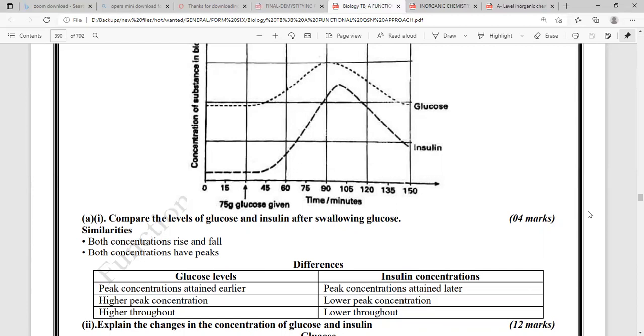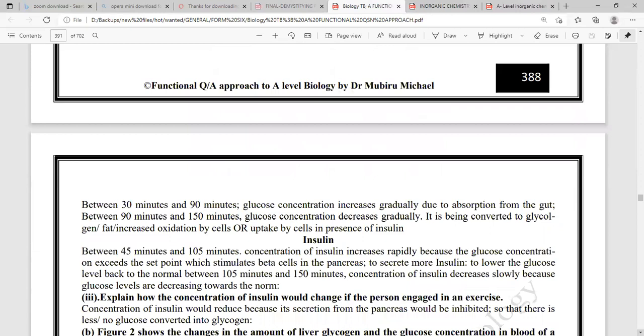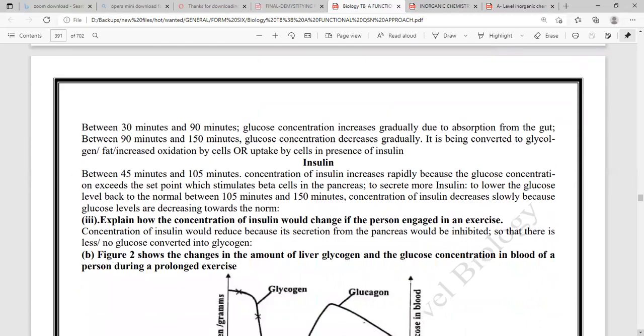Explain the changes in the concentration of glucose and insulin. Why do you think the concentration of glucose is always higher than the concentration of insulin? And why do you think when the concentration of glucose increases, the concentration of insulin also increases?